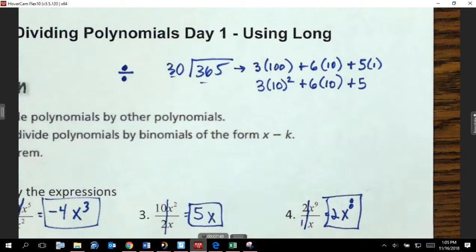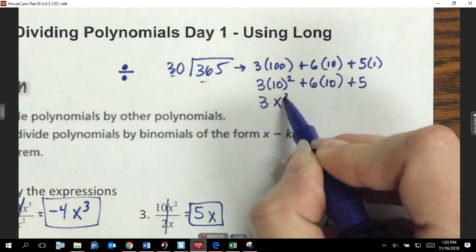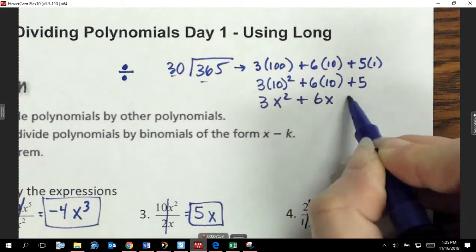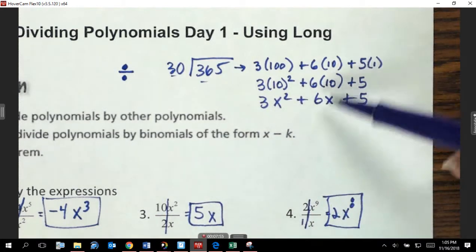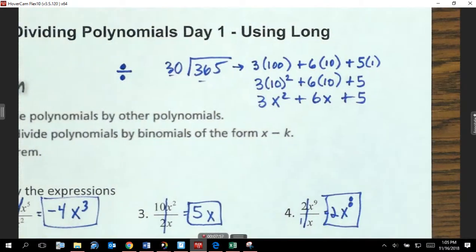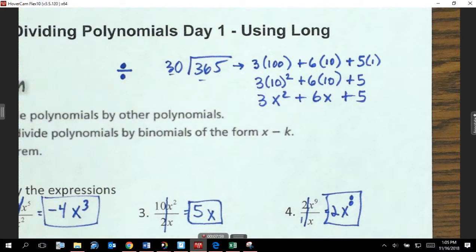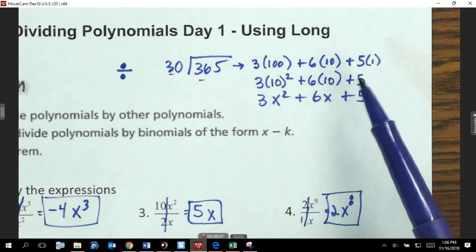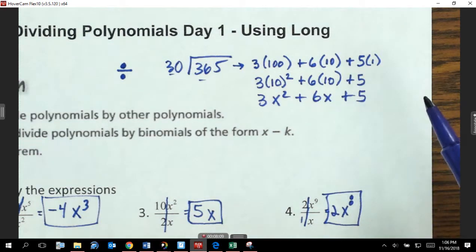Doesn't that look like our polynomials? It's just, in this case, x is 10. In our polynomials, we don't know what x is. You see how they look the same? So you've done this before, you just haven't done it in a form that looks like this. And it's not difficult. You ready to learn?